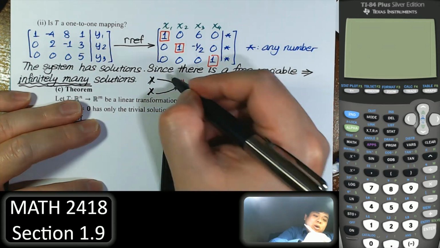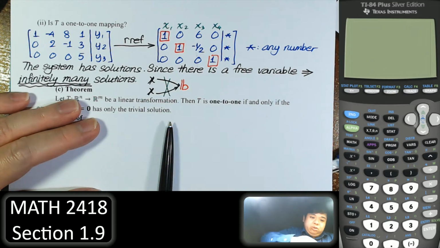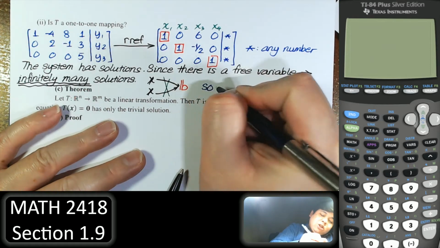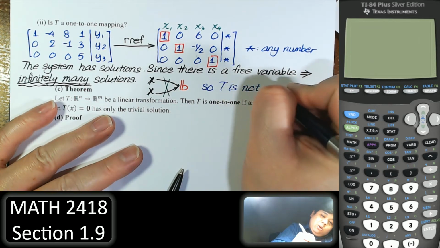So we cannot have that. So this one is not onto. It's not one-to-one, sorry. So T is not one-to-one.